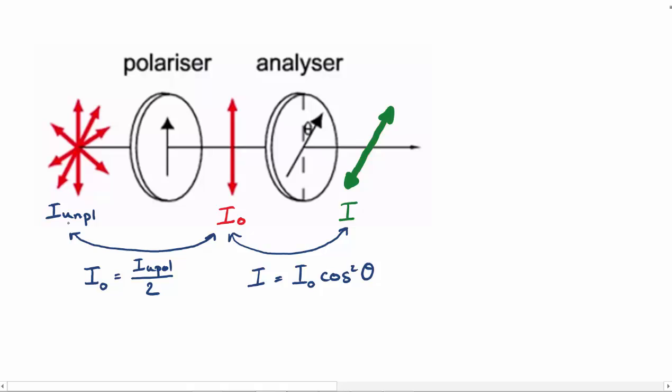So you go from unpolarized light through a polarizing filter, you halve the intensity, and then if you send it through another polarizing filter at an angle, it obeys Malus's law.